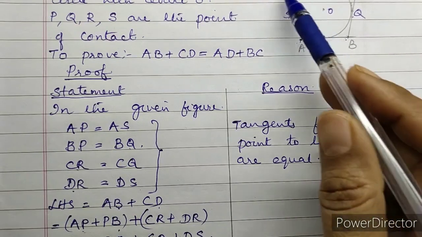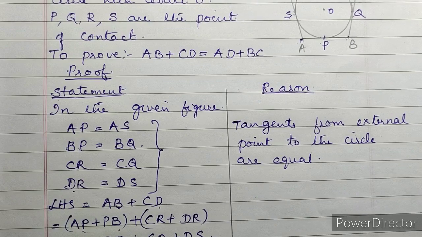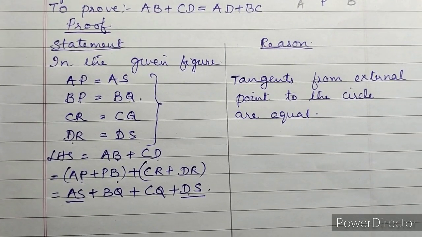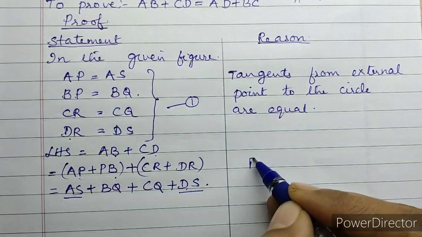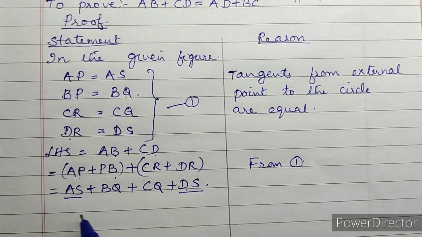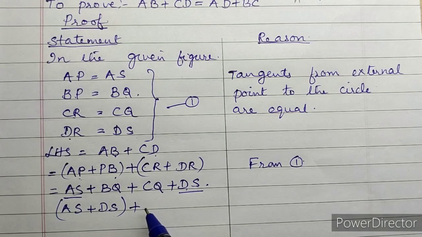Now AS plus SD is equal to AD. So AS and DS, you have to group them. Here you can put number 1 and here you can write from 1. Now grouping AS plus DS together in one group, you are just exchanging the position, no change of values.